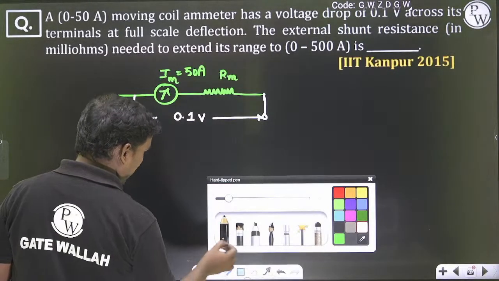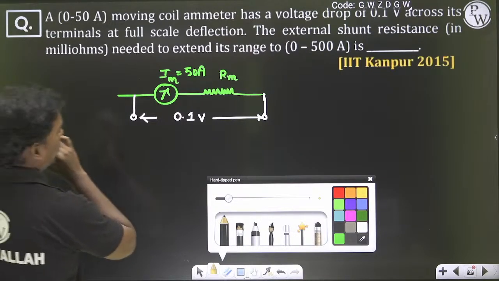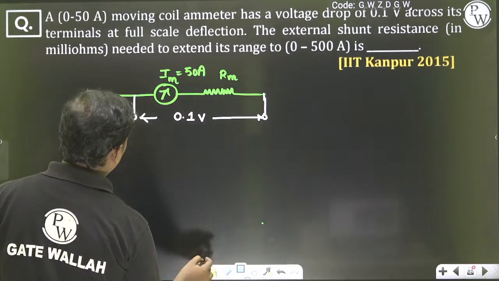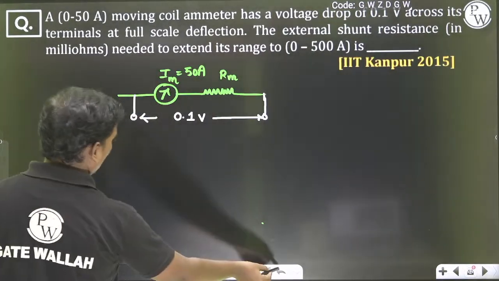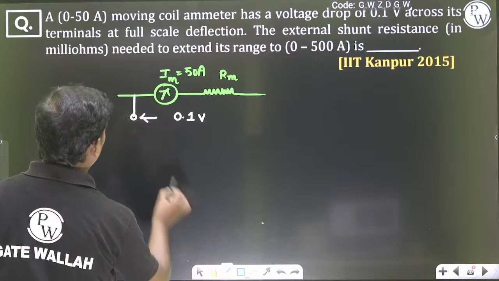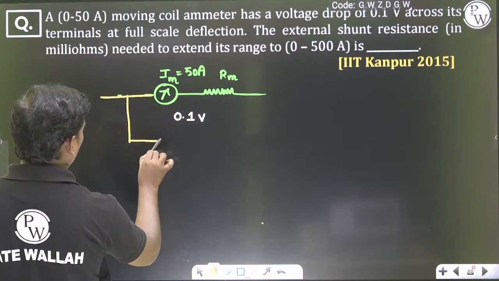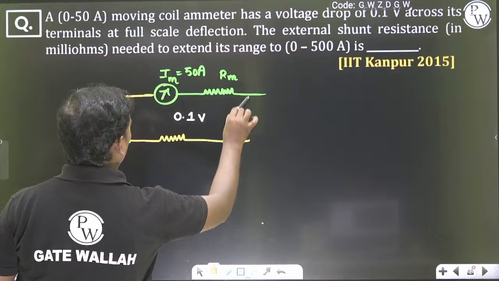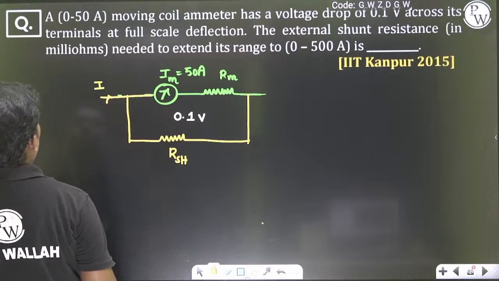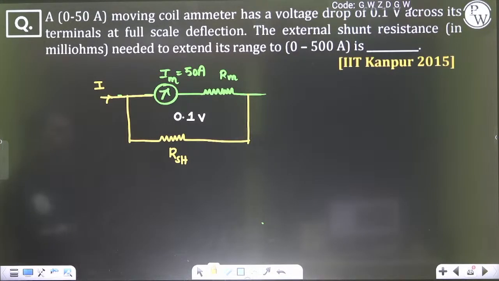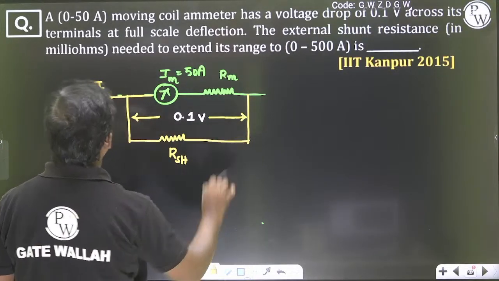The external shunt resistance is being asked. For the shunt resistance, take this expression. The question is: a 0 to 50 amperes moving coil ammeter has a voltage drop of 0.1 volts across its terminals.